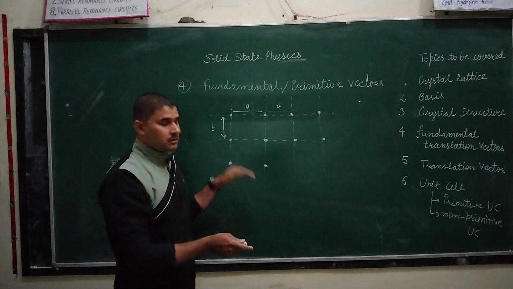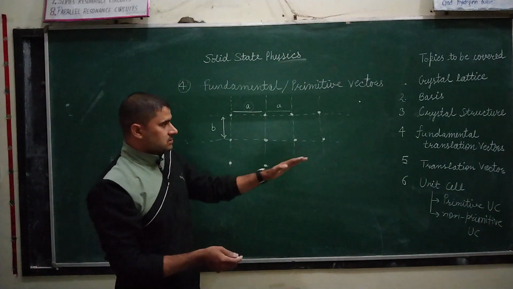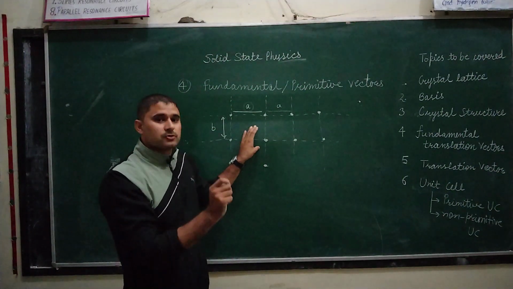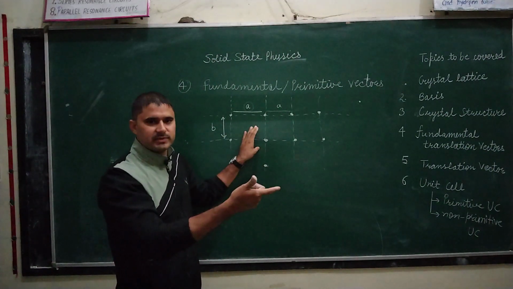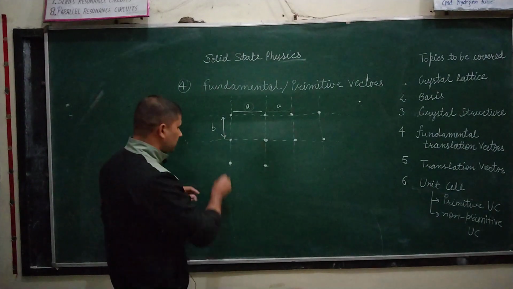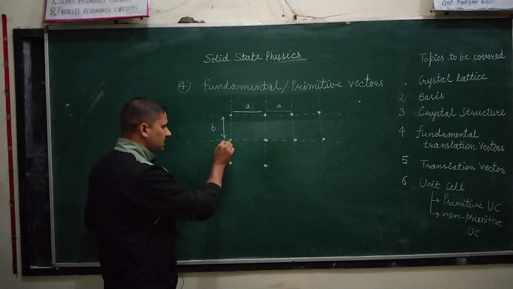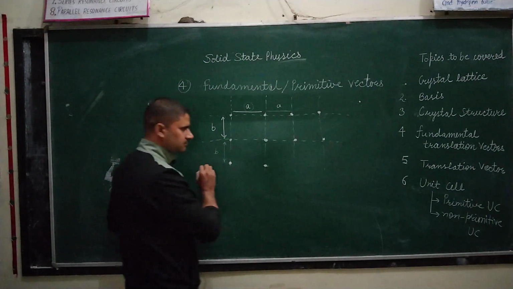Why? Because to form crystal structure we have to follow the very basic property, that is periodic arrangement and definite arrangement. So this is definite arrangement. Again the particle is present at a distance b.